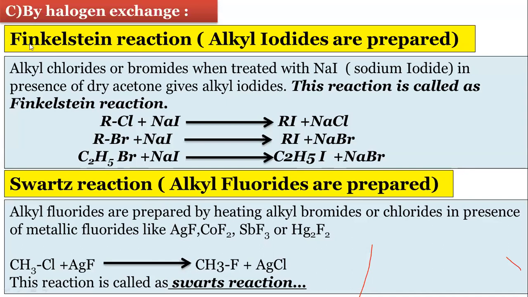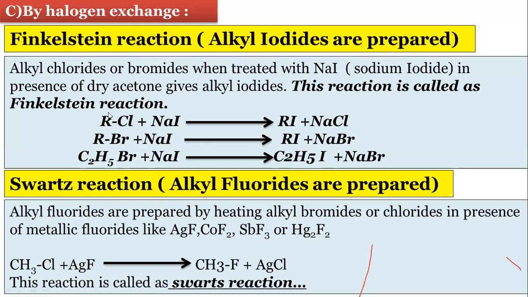It gives iodides, and in the Swarts reaction we get fluorides. Means if the reaction starts with F, Finkelstein, the product is not fluoride. I think this hint will be sufficient for you. Finkelstein never gives fluorides. Finkelstein gives alkyl iodides.